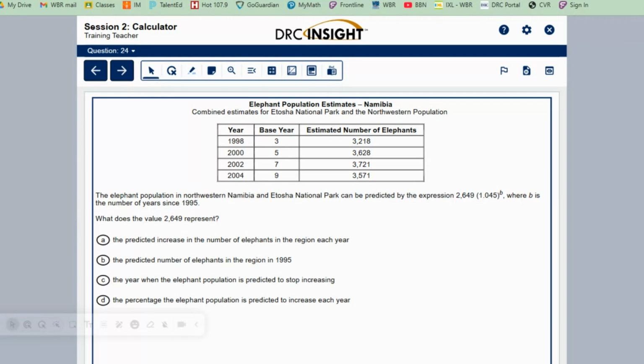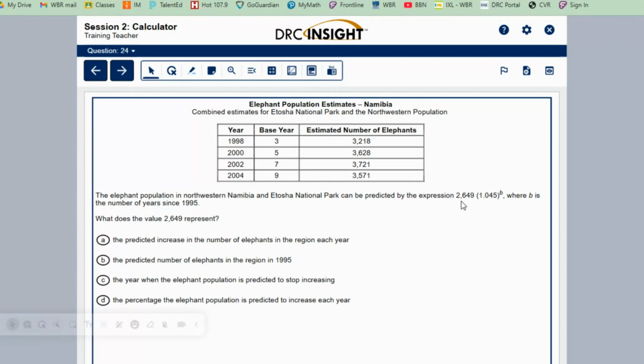Just like when we did geometric and arithmetic sequences, for lines we have y equals mx plus b, the b is the beginning. For an exponential, the constant that doesn't have the variable is your beginning amount. However, you have to make sure that you know when the beginning was.